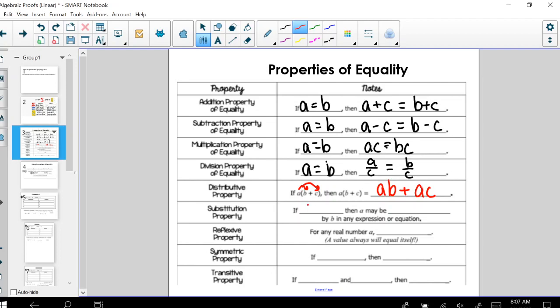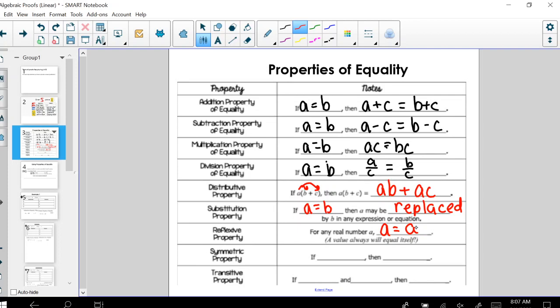Substitution, if two things are the same, so if A equals B, then A may be replaced by B in any equation. As long as they're equal, replacing them doesn't actually change anything. For reflexive property, we're looking at, for any real number A, A equals A. Anything is equal to itself.